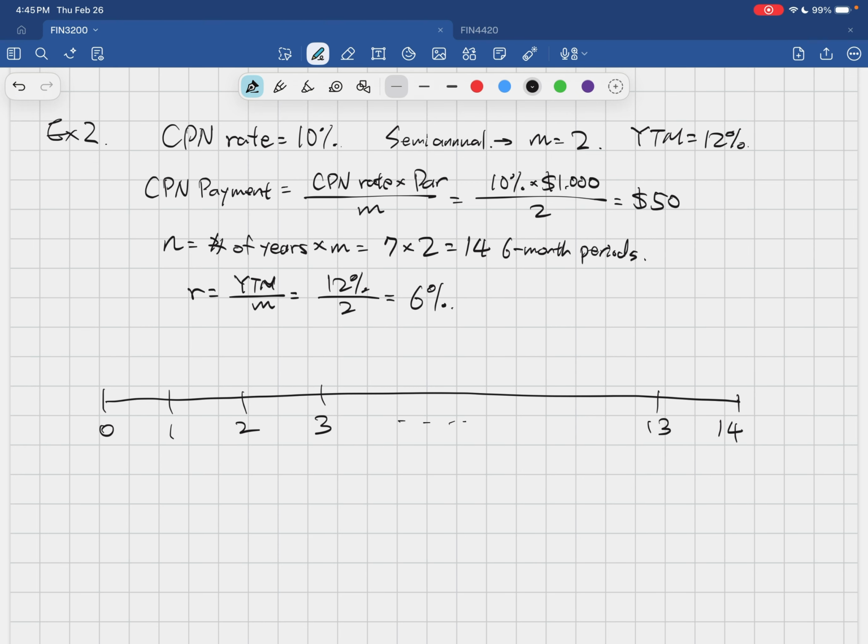So if you want to be specific about the units, it will be 6-month periods instead of years. Okay? And each cash flow, each payment is $50. And at the end of the bond, when the bond matures in 7 years, the bondholders will get paid the principal payment, the par value or the face value, $1,000.